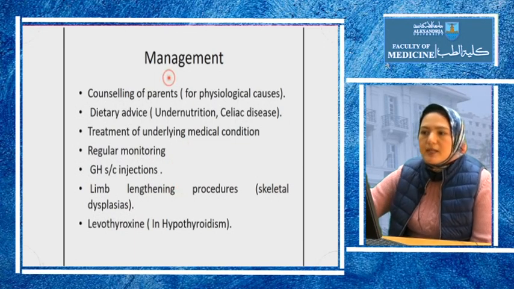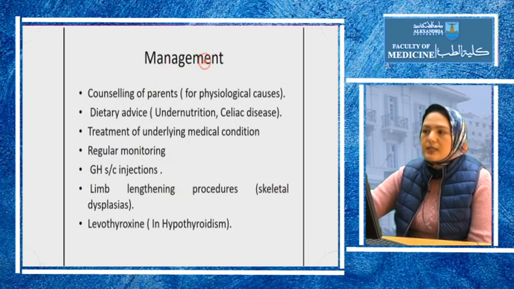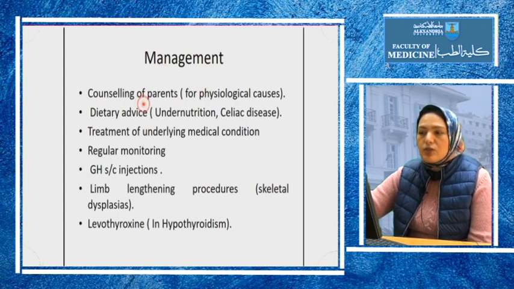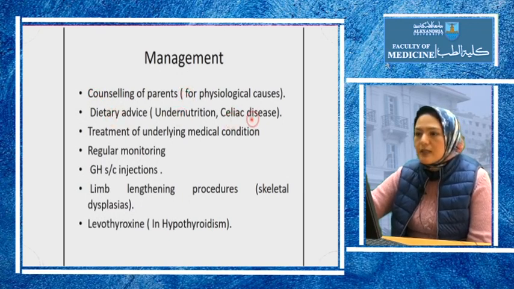The final step is the treatment or the management of short stature, and the management will be tailored depending on the underlying cause of short stature. In cases of physiologic short stature, the management is just reassurance and counseling for the parents. If the patient suffers from malnutrition or malabsorption or celiac disease, you should go for nutritional therapy.